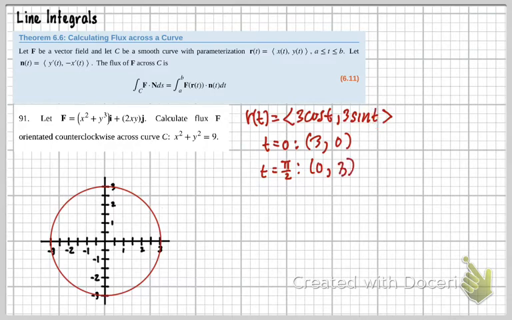That's enough to see what's going on. My first point is (3, 0) and my next point is (0, 3), which is here, and that tells me that I'm going in that direction. So that orientation is counterclockwise.